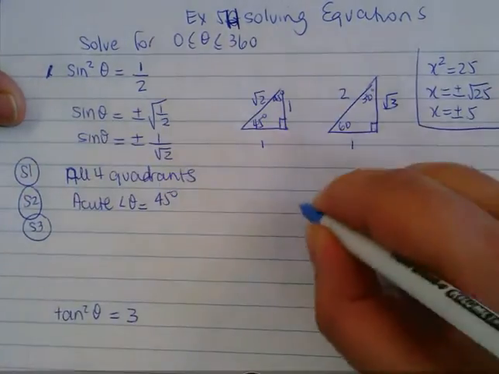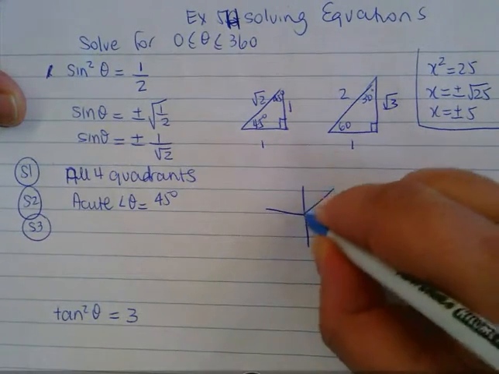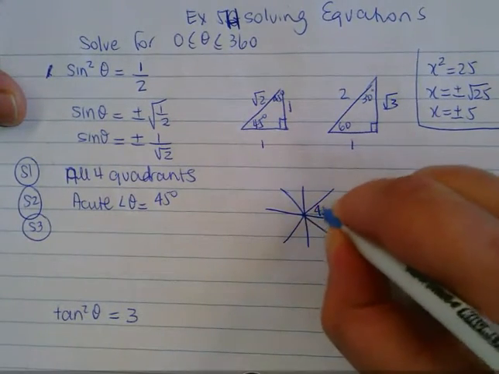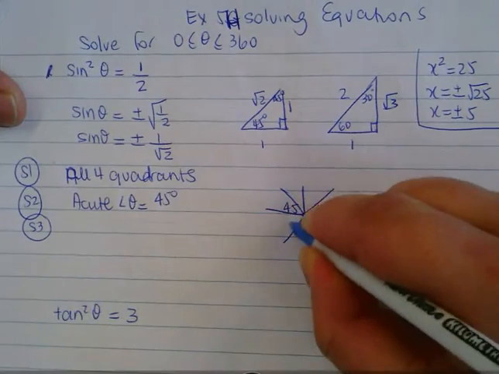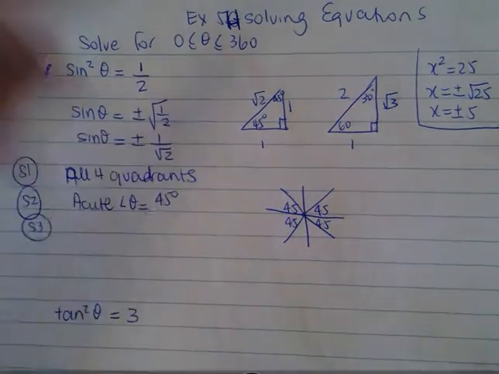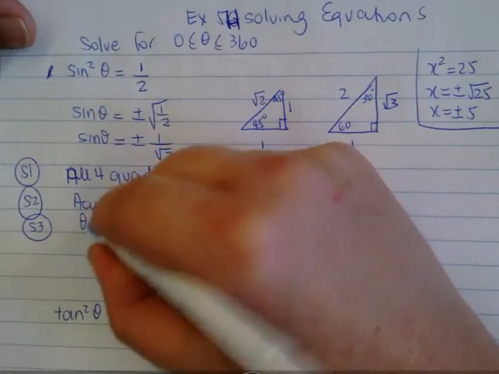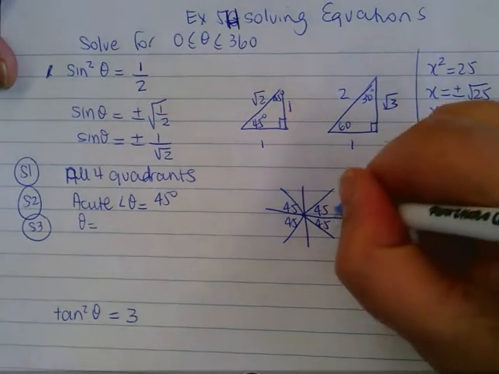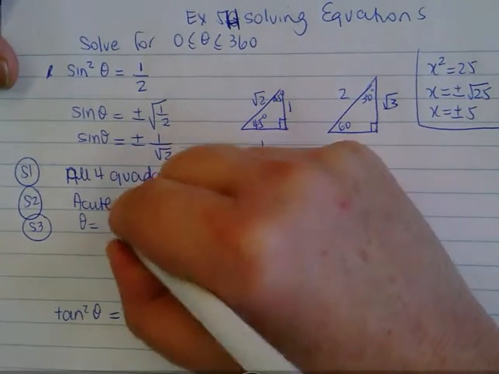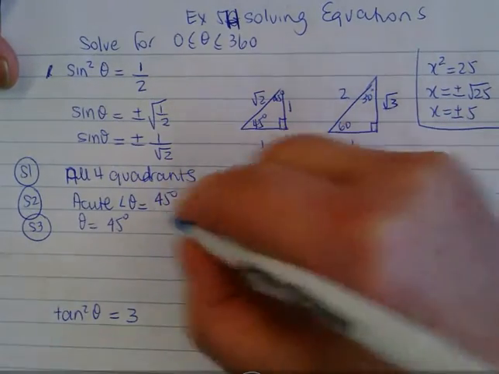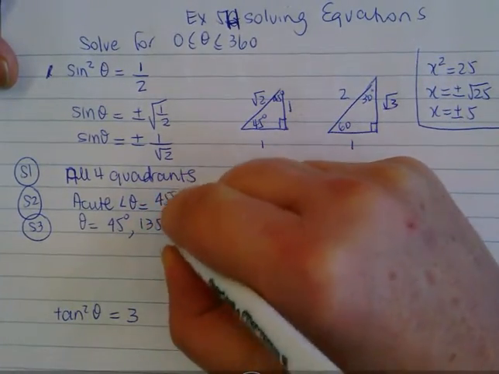So step 3, remember, is to draw it and give the solutions. So in all 4 quadrants, that 45 degree is there. And we're just checking, we're going from 0 to 360. So what are my 4 solutions? I've got 4 solutions now. What are they? Go. 45. It'll be 180 minus 45, which is 135.